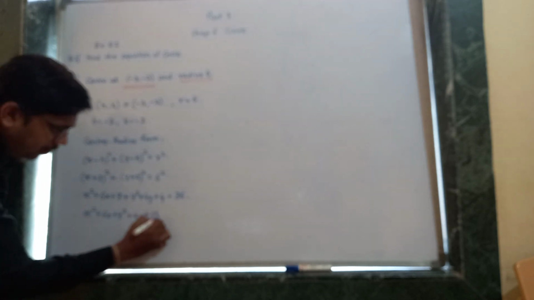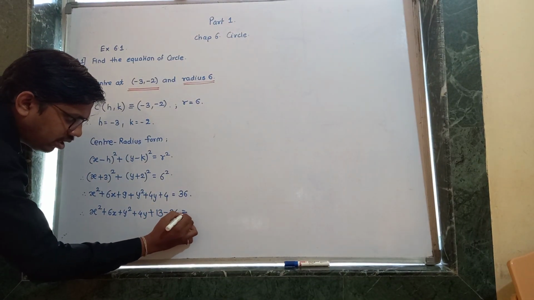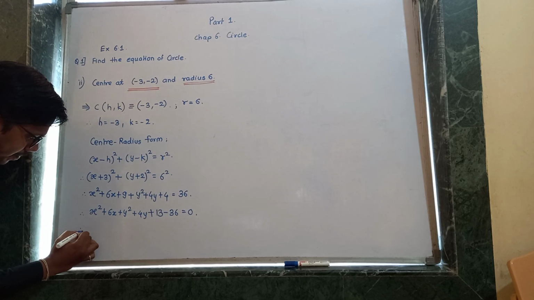That means x² remains the same, 6x again same. I will write y² first, then 4y. The remaining two terms, 9 + 4 is how much? 13. So here we will write 13 and on the right-hand side we have 36. If I shift it to the left-hand side, that will be -36 = 0.